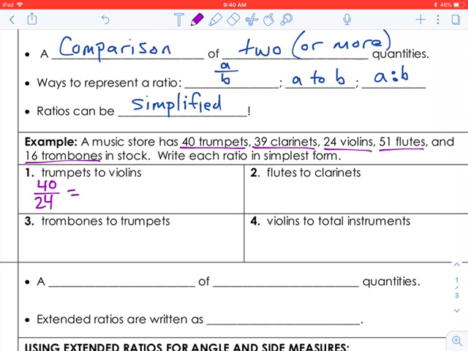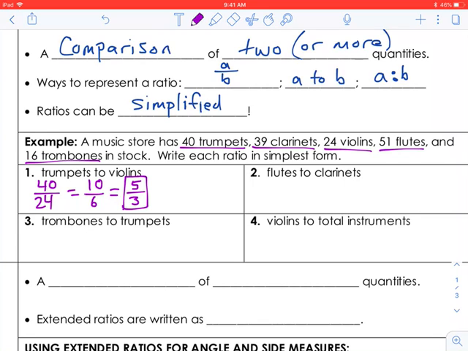We always need to make sure we are reducing. I would probably divide by 4 first, and I get 10 over 6. I could have divided by 8, because I can also reduce 10 over 6 to 5 over 3. You always want to fully simplify.